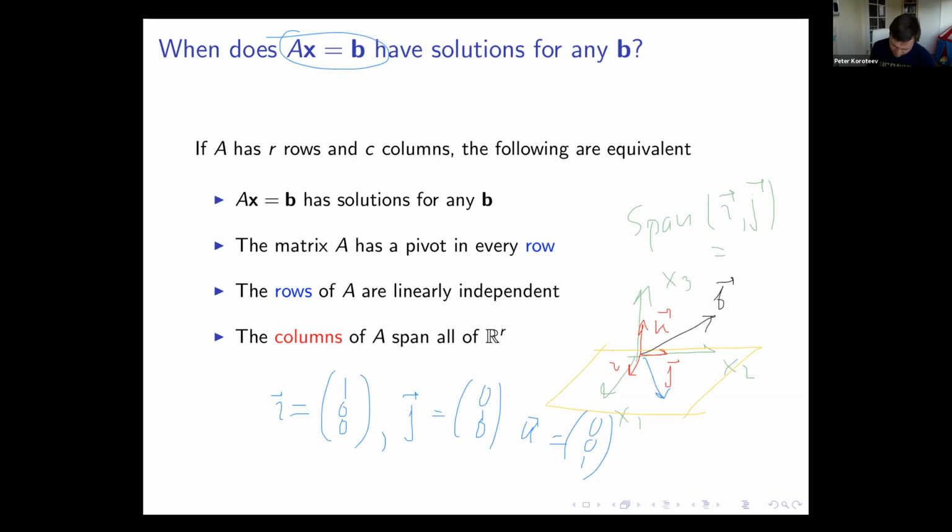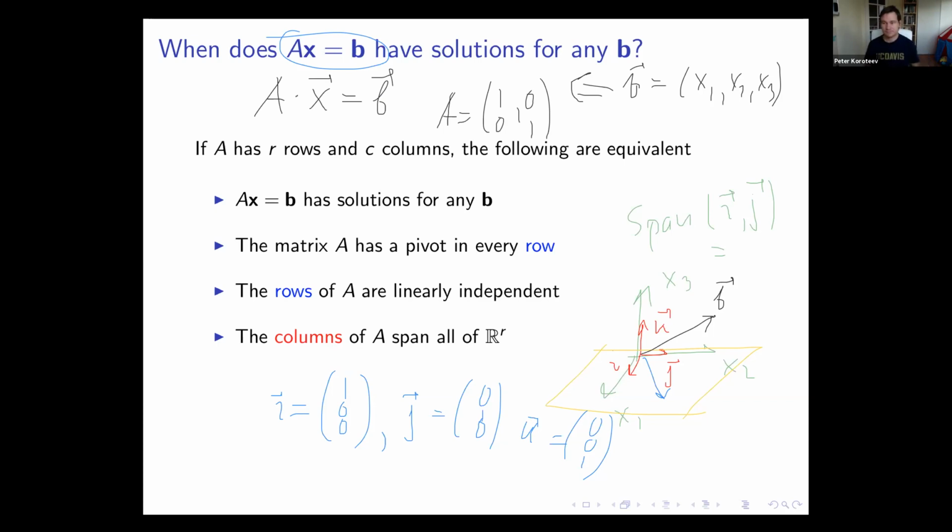If vector b has components x1, x2, x3, then we can rewrite the same statement as the matrix A multiplied by vector x is equal to b, where matrix A is 1, 1, 1, and the rest is 0. Do you guys see that?